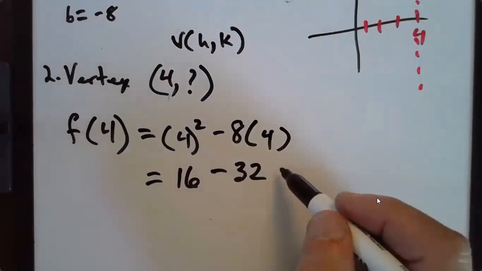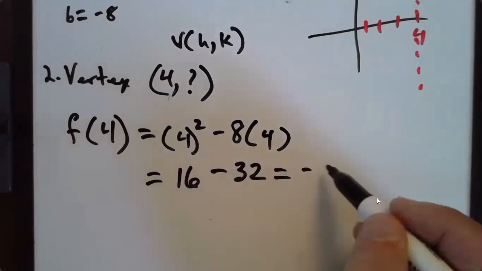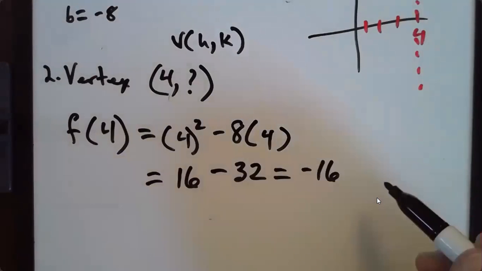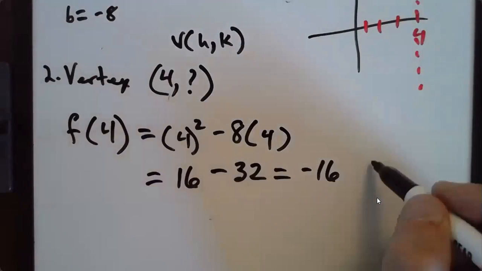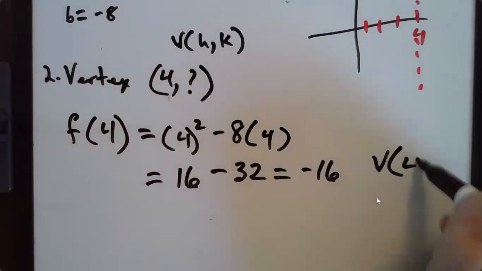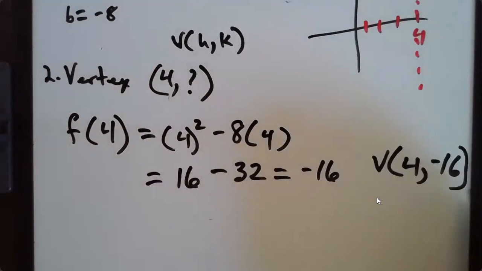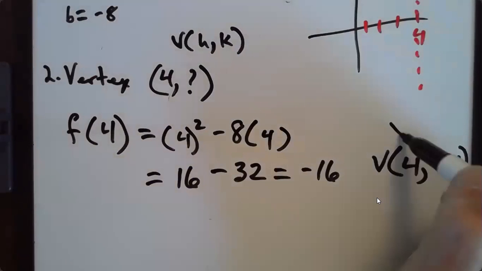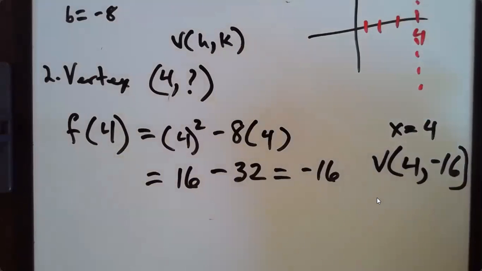So 16 minus 32 is a negative 16. So our vertex is 4, negative 16. And so our answers are x equal 4 for the axis of symmetry, and our vertex is 4, negative 16.